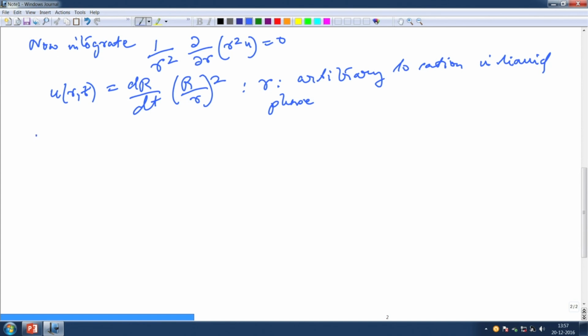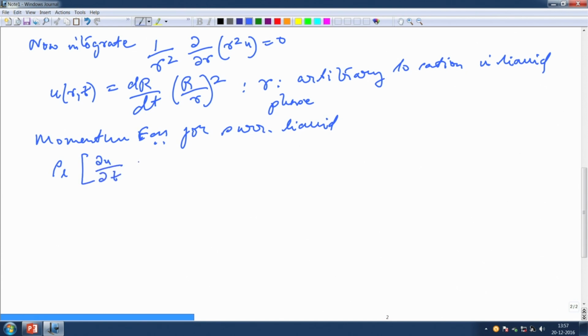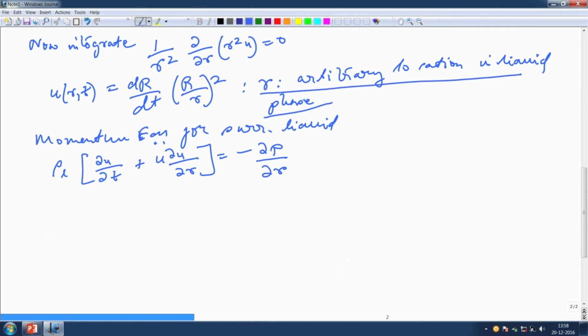Now, the momentum equation for the surrounding liquid. If you substitute this u, where r is any arbitrary location, as we said, let us see what we get. This has been integrated, and at the surface the velocity is this.